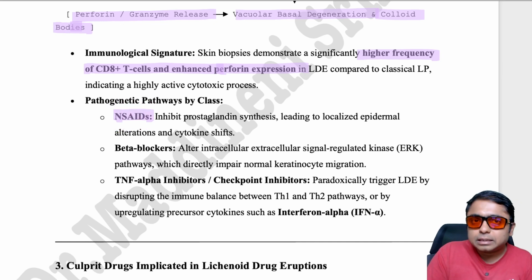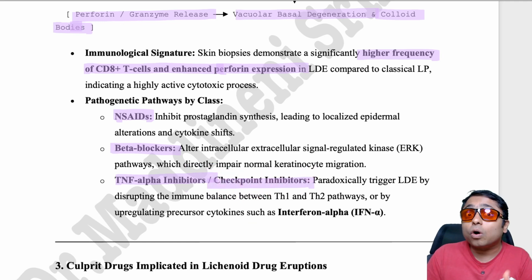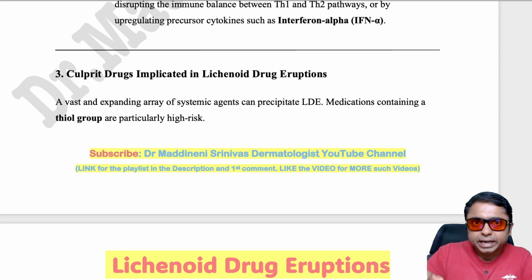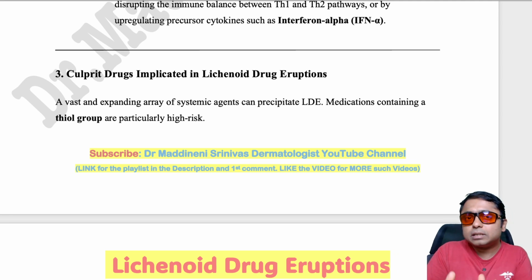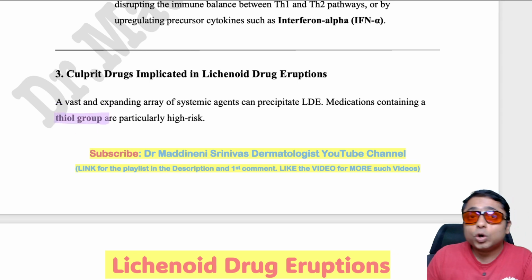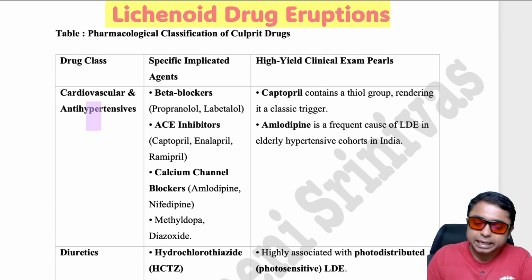Just a trailer we can say: NSAIDs, beta blockers, TNF alpha inhibitors, and also checkpoint inhibitors. These are all the triggers. We are going to see in detail what all the medications are and what the classical points related to each class are. And you must remember that the thiol group is very characteristically associated with the drug-induced lichen planus, LDE. We will call it LDE.